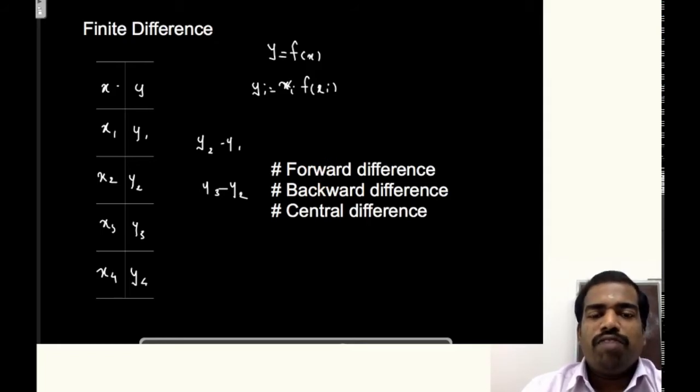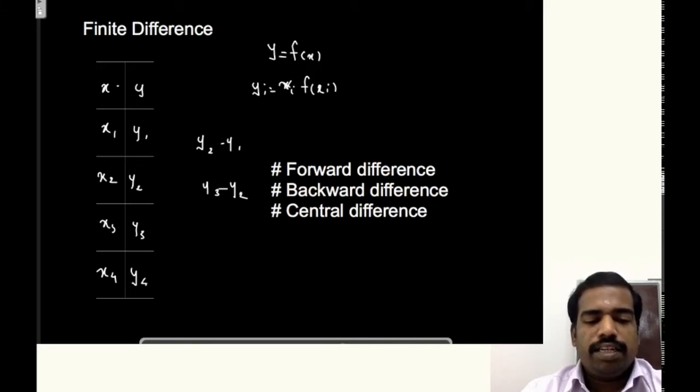So for forward difference there is an operator which is called the forward difference operator. Similarly you can have a backward difference operator and a central difference operator. The forward difference operator is denoted by the operator symbol delta.